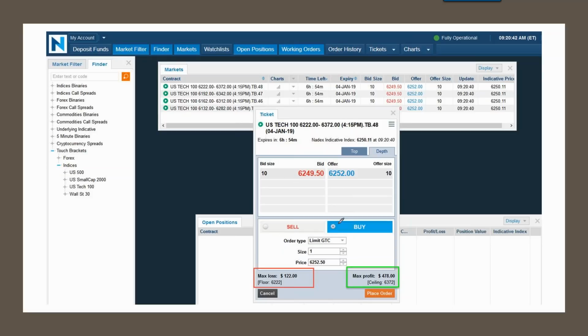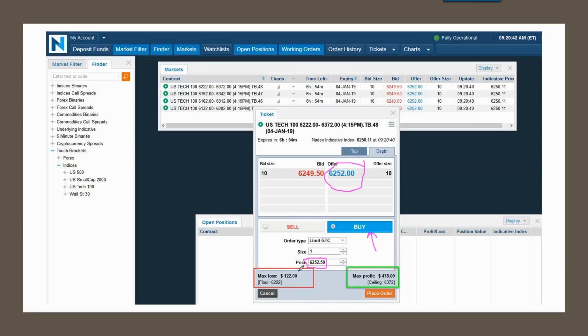In this case, if you were to buy, you see that the buy is highlighted, and the price is at 62.52. Now, notice that my price is at 62.50.